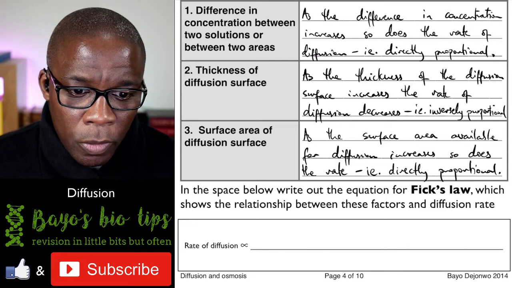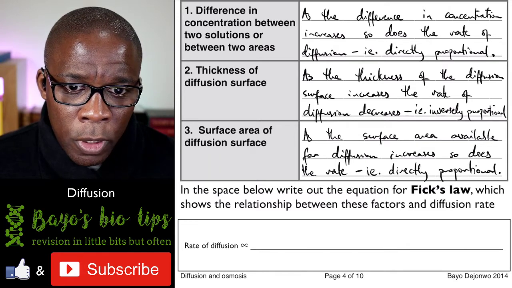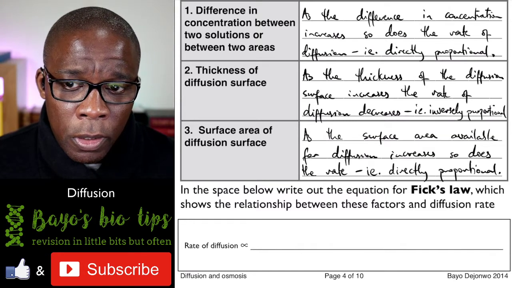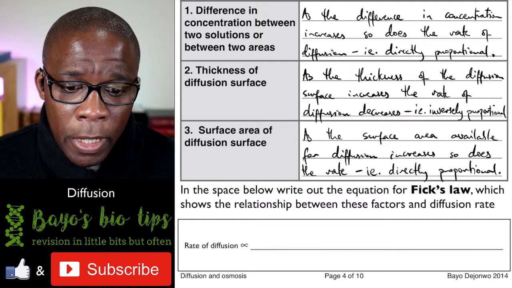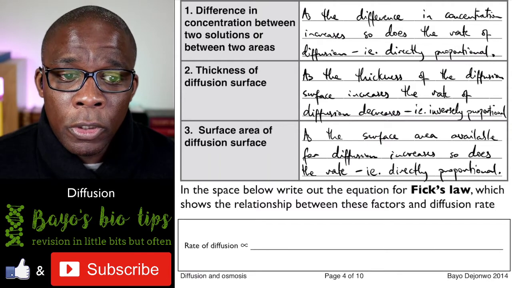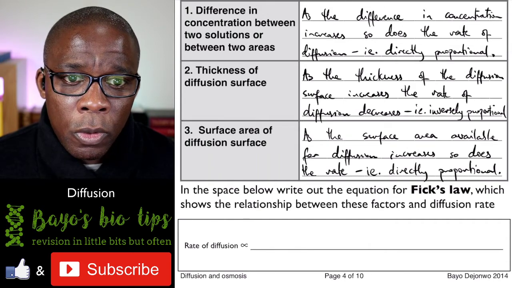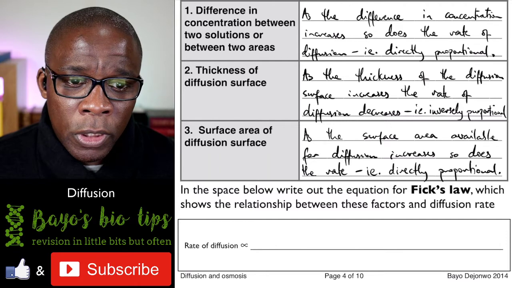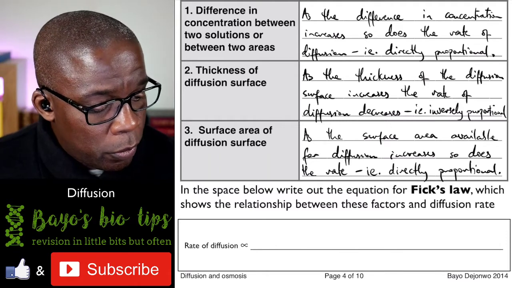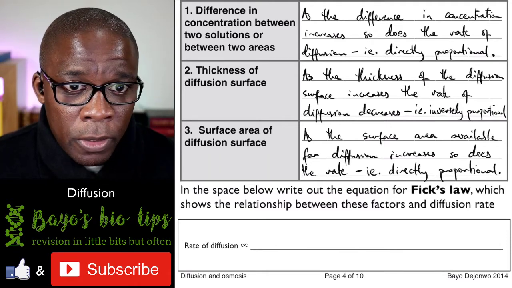So on top, we're going to have the factors that increase alongside the rate of diffusion, and then on the bottom we're going to have the factor which as it increases causes a decrease in the rate of diffusion. So think about that for a second, pause it.